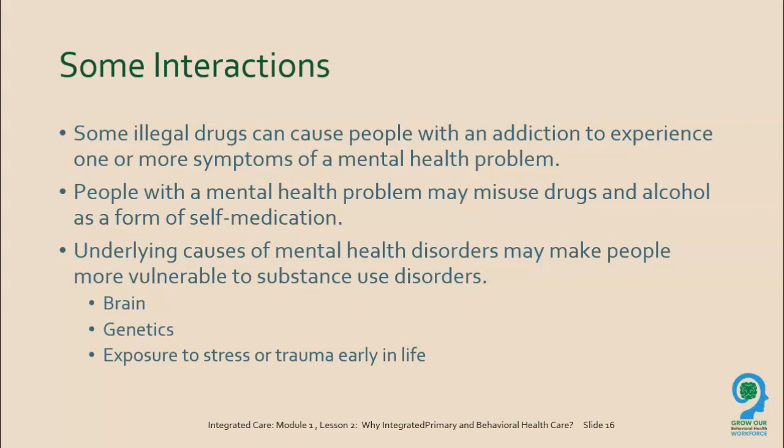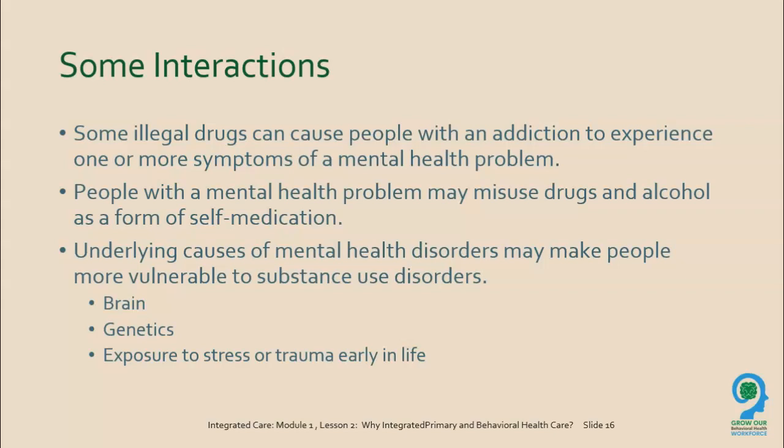People with a mental health problem may misuse drugs and alcohol as a form of self-medication, as we just talked about. And then finally, underlying causes of mental health disorders may make people more vulnerable to substance use disorders. We know that some people are more likely to become addicted to as common a substance as alcohol than others. And these underlying causes can have to do with the brain, genetics, exposure to stress or trauma early in life. There can be many different causes for that.